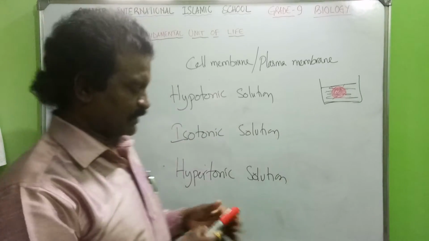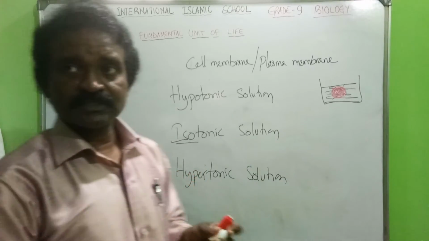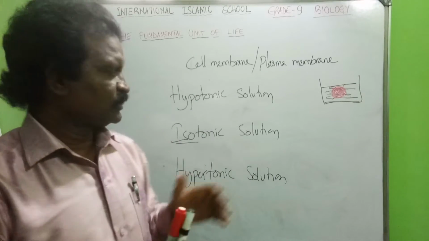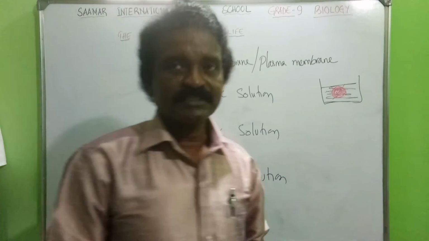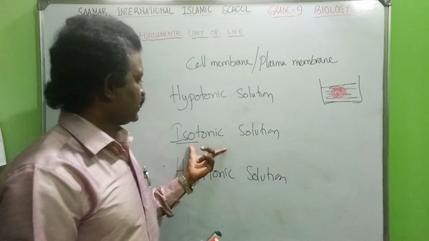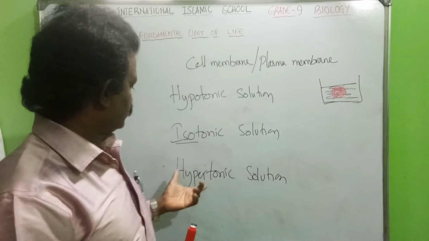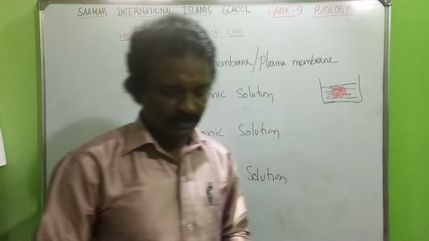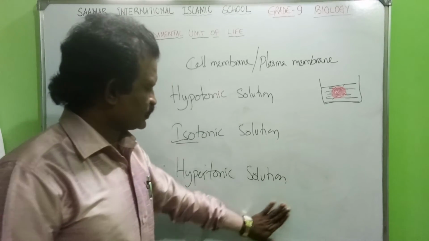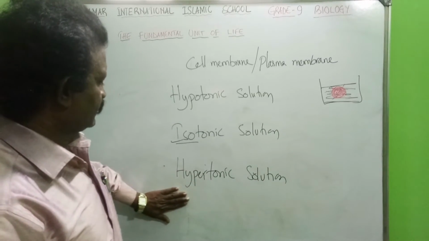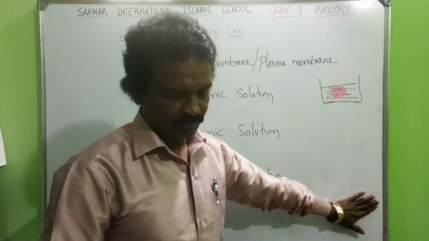Next one, isotonic. Iso means similar. Movement of molecules becomes very slow, because the outside solution has the same concentration as inside. That's called isotonic. Is it clear? Next one, hypertonic. You say hypertonic, the lower concentration. As the lower concentration occurs outside and higher concentration occurs inside the cell, the movement of molecules takes place.